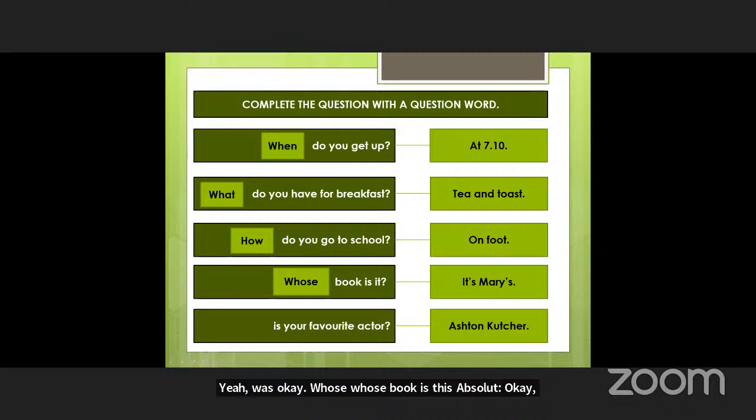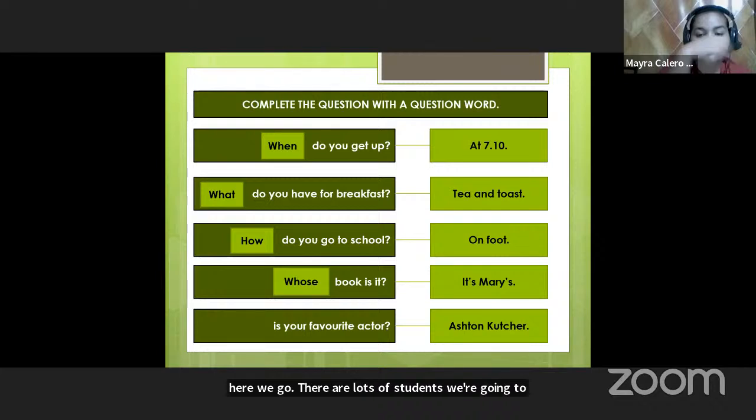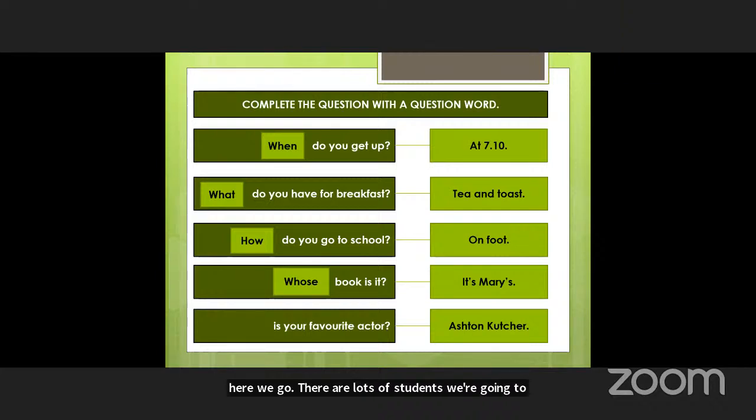Here we go. The last student we're going to practice with. Oh, let me see. Zulay Ruiz. Please help me out. What is the missing word?